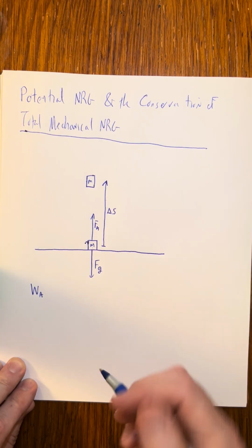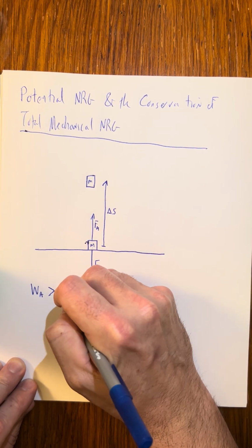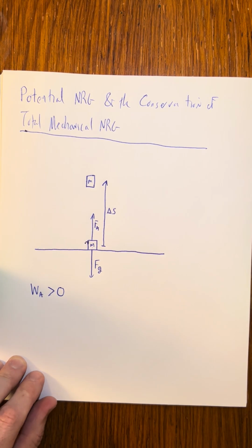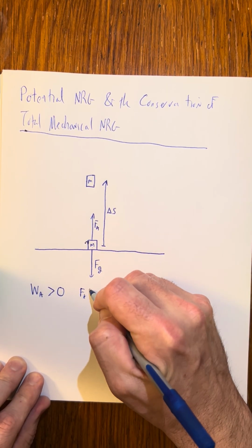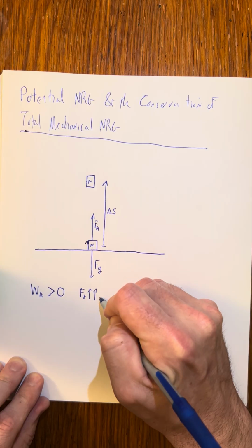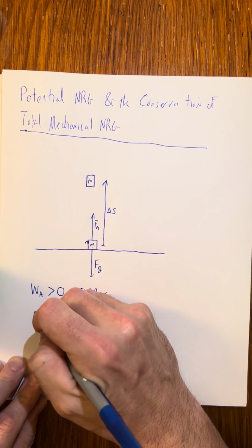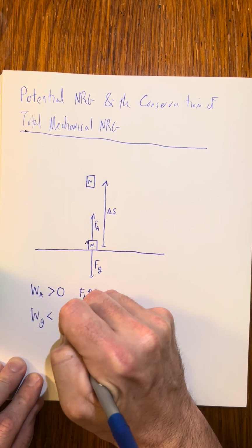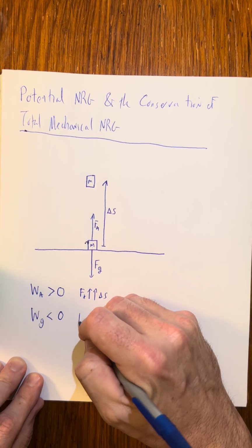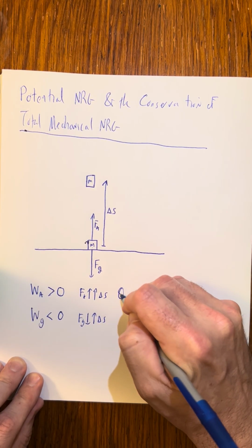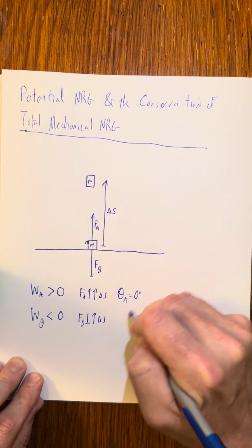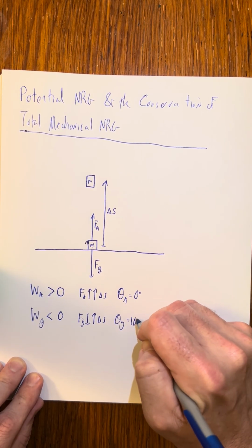I think we can see pretty easily that the work done by the applied force would be positive, right? Because the applied force and the displacement are in the exact same direction. But the work done by gravity here is going to be negative because the force of gravity is down and the displacement is up. We would have the angle here is 0 degrees. The angle here would be 180 degrees.